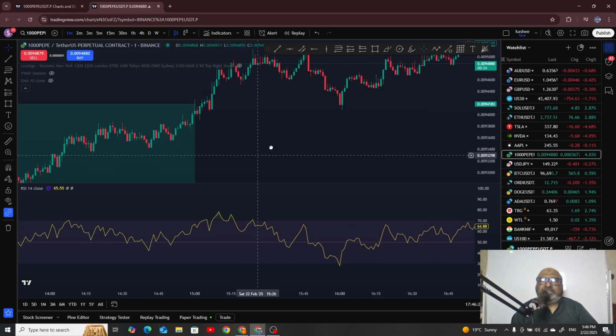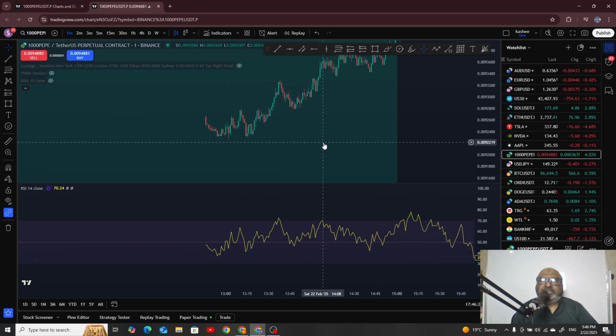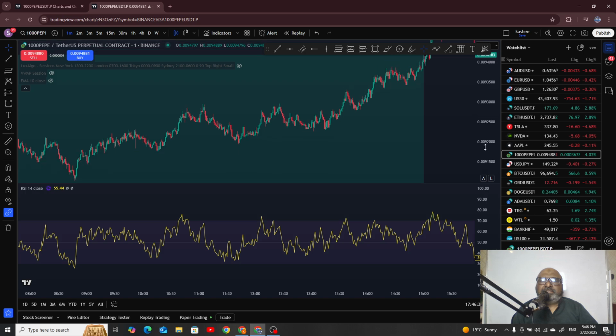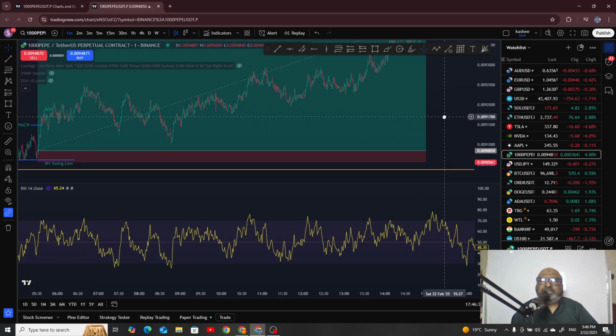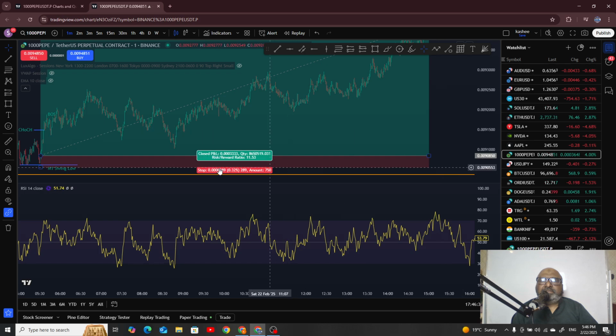You have to be very cautious while taking on the positions, like long position which is against the trend. You have to be very careful. Once you have taken the position and market has gone your way, then you should break even, okay, so that even if the market comes back, then you don't have any loss.